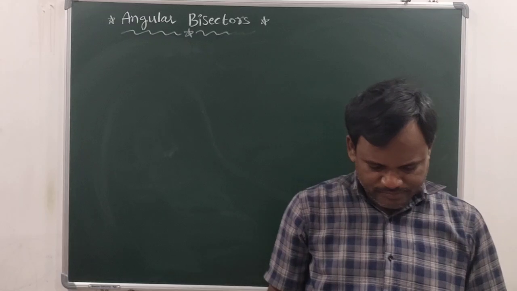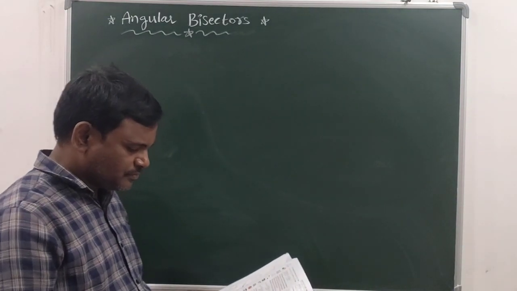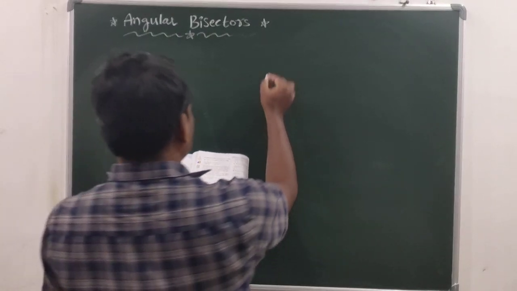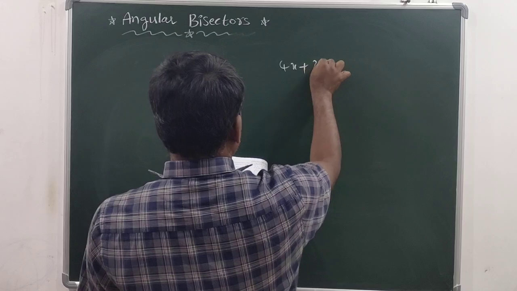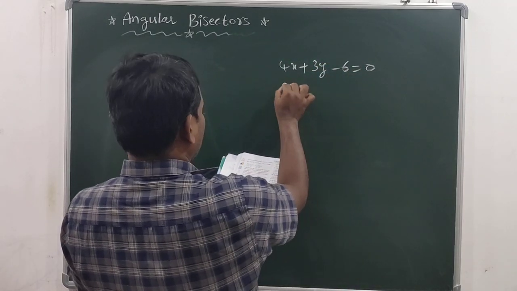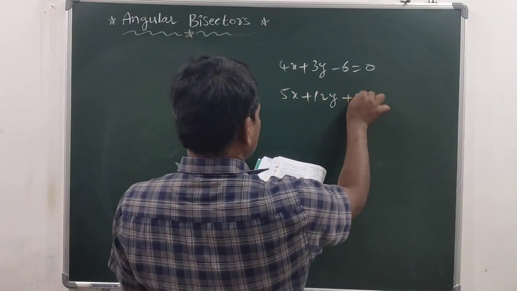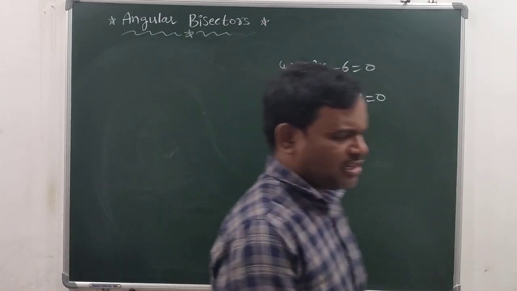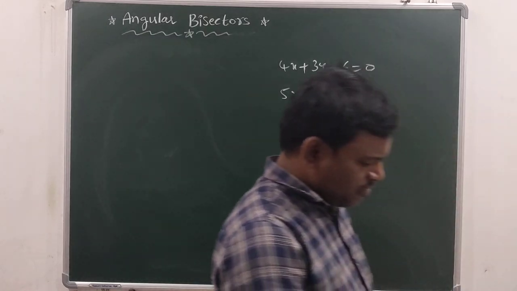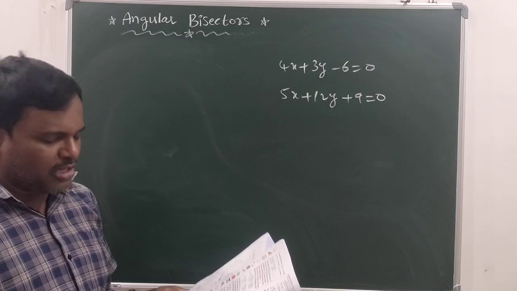See these, students. Two line equations are given like this: 4x plus 3y minus 6 equal to 0, and the other one 5x plus 12y plus 9 equal to 0. These are the two given line equations, and the first question is to find the angular bisector of the obtuse angle between them.